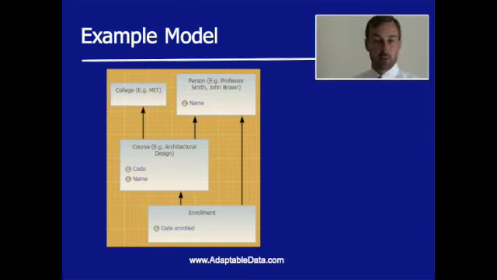The relationships also have the same semantics associated with them. So for example, I've got a course here which must be run by one and only one person. That's true at a point in time, so Professor Smith may run the architectural design course at this point in time.